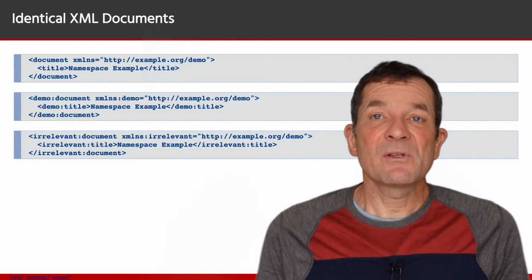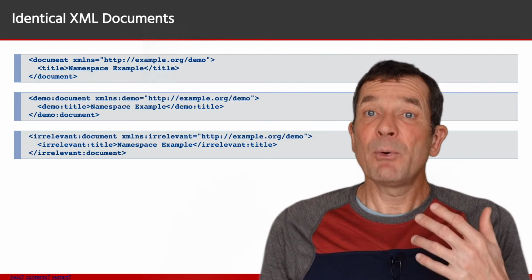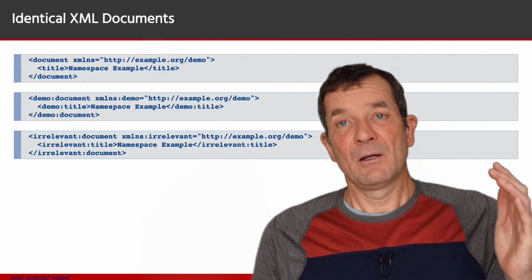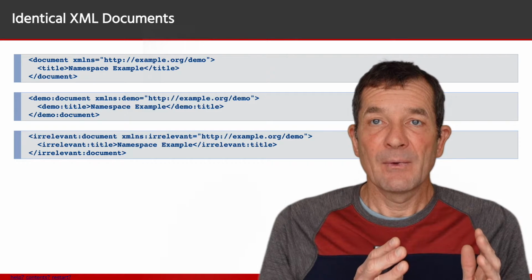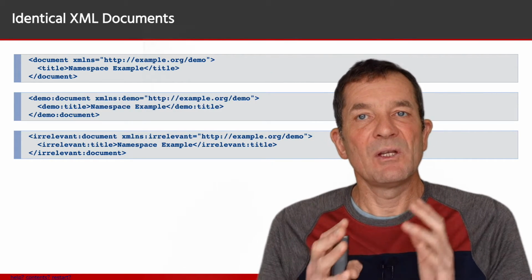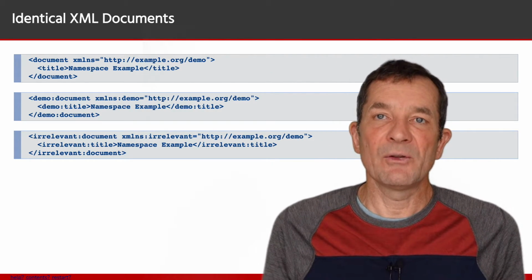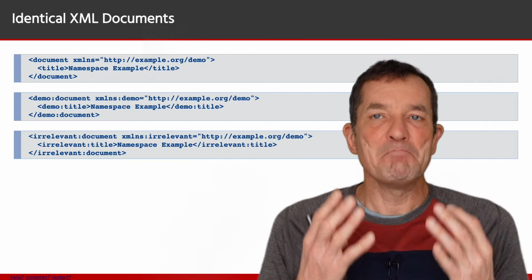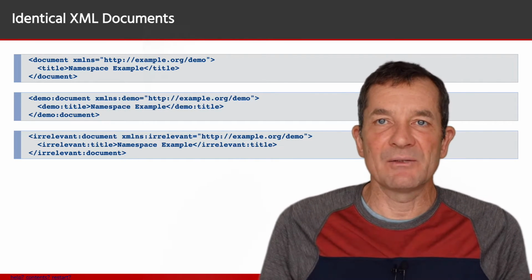But they all use the same namespace name. So the important things, which are the element names and the namespace names, are the same in all these documents, meaning these documents mean the same, even though they look different.